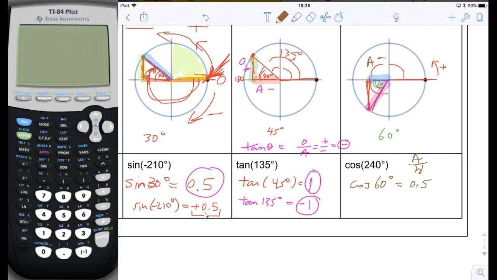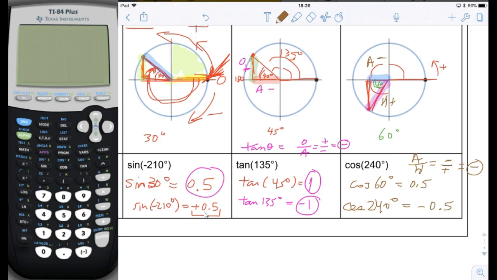So when you do adjacent divided by hypotenuse, you have a negative number because the adjacent is pointing left, and then the hypotenuse is always positive, so you just put positive on the bottom. So negative divided by positive gives you a negative number. So the cosine of 240 degrees is the negative version of the cosine of the reference angle 60 degrees. So the cosine of 240 degrees is going to be equal to negative 0.5. Okay? So that's how you do those.